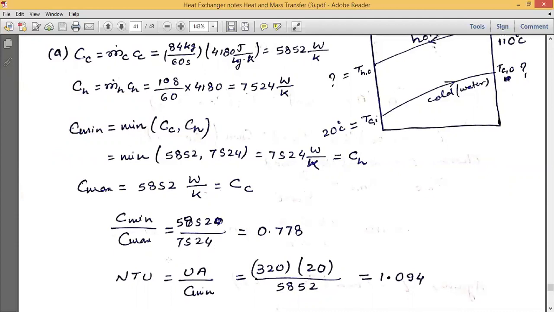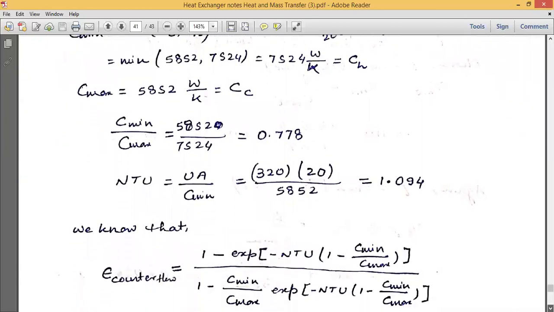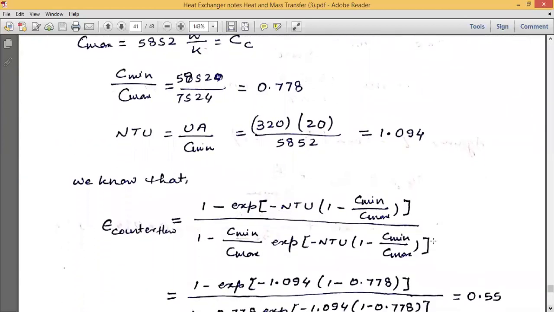The NTU value is defined as UA upon C minimum. U is given, area is also mentioned, C minimum we have identified, therefore we can determine the NTU value as 1.094. Now we have two alternatives. We got C minimum upon C maximum and NTU.